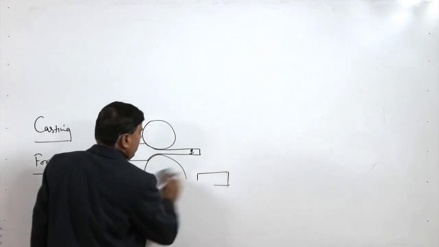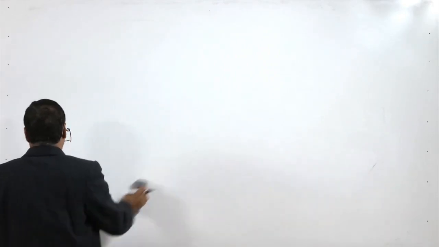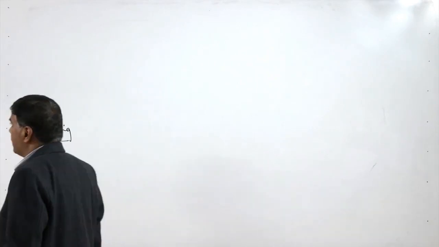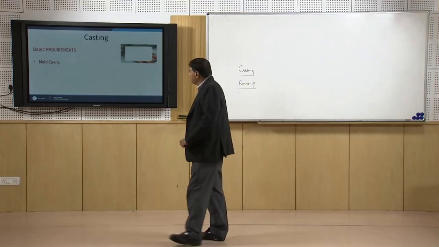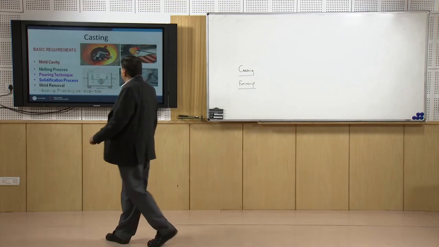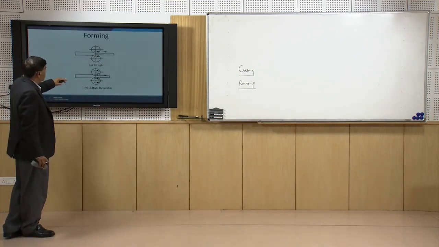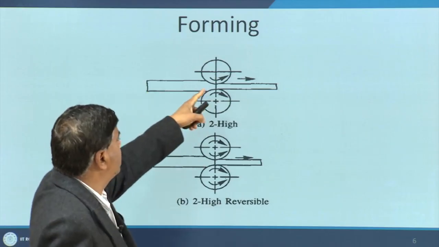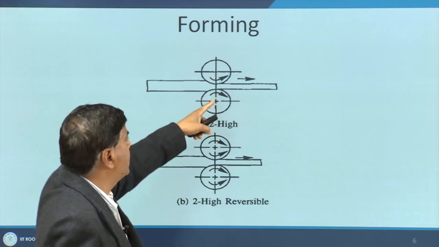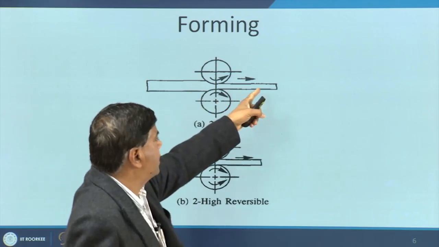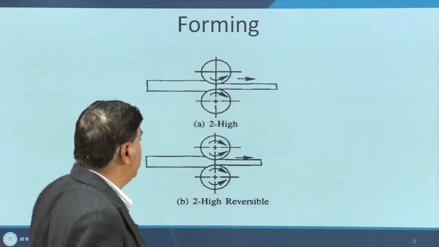So, likewise there are various deformation based processes, that is what we can see from this diagram. Here this is the rolling process, where the stock is fed through the rollers, and under the effect of the compressive forces its cross section, its thickness is reduced.